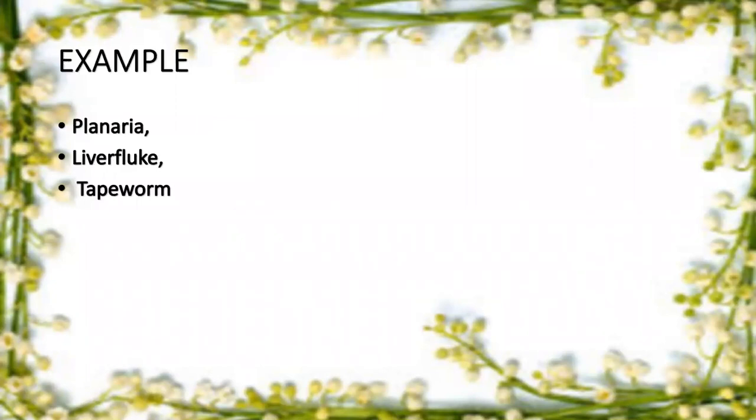Examples are Planaria, it is free living; liver fluke, it is a parasite mostly of animals, found in the liver of cow, goat, buffalo, etc.; and the third example is tapeworm.